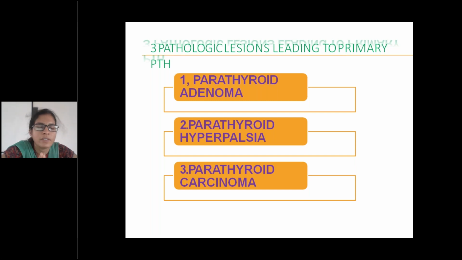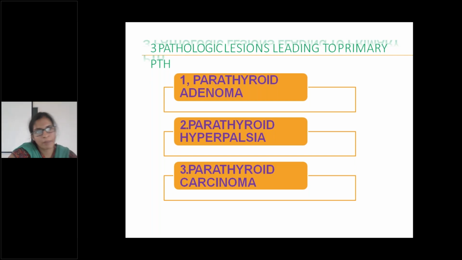preoperatively the parathyroid hormone levels are very high. During surgery I have removed the parathyroid adenoma. To confirm whether the parathyroidectomy is complete or not, we will measure the serum parathyroid hormone. Initially, at the time of anesthesia, before surgery, I will withdraw blood and do serum parathyroid hormone levels, for example, 10.